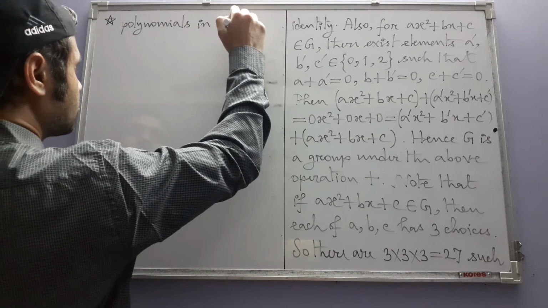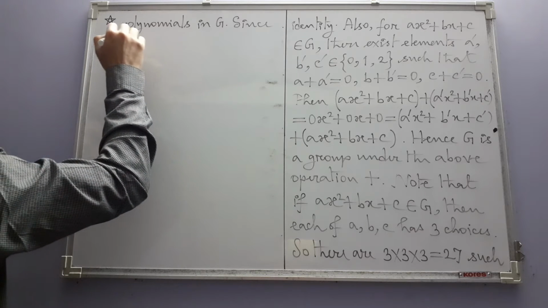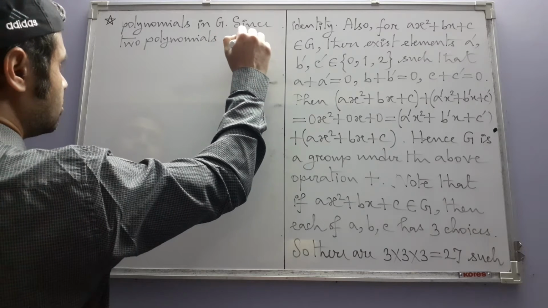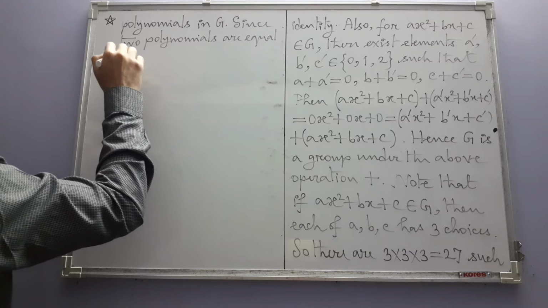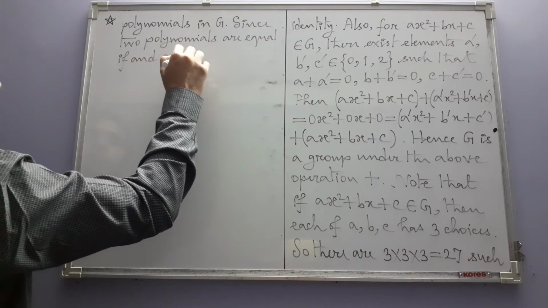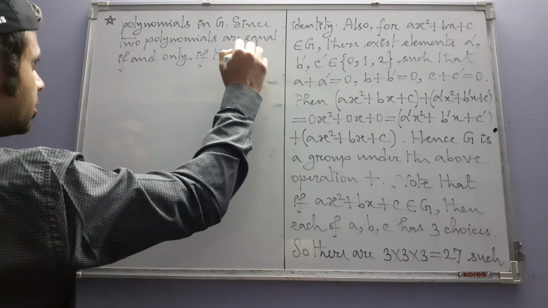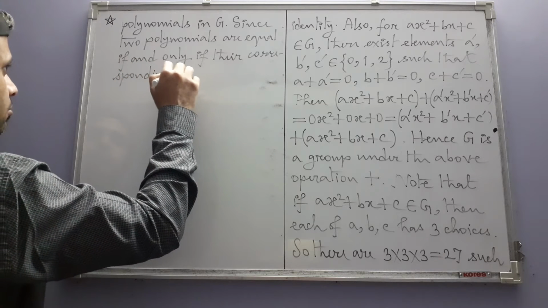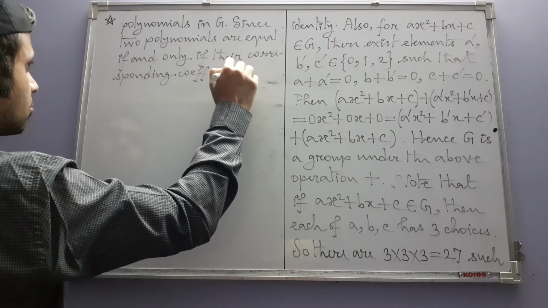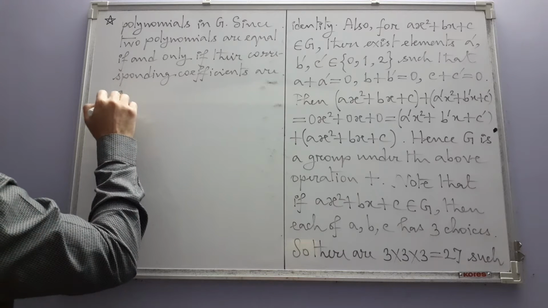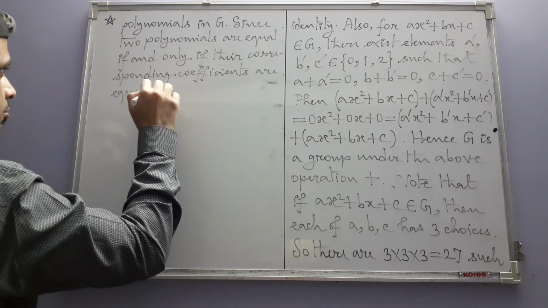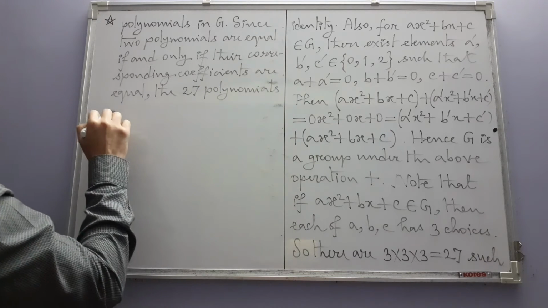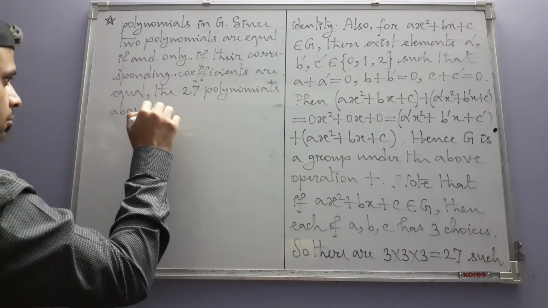In G, since two polynomials are equal if and only if their corresponding coefficients are equal, the 27 polynomials above are all distinct.